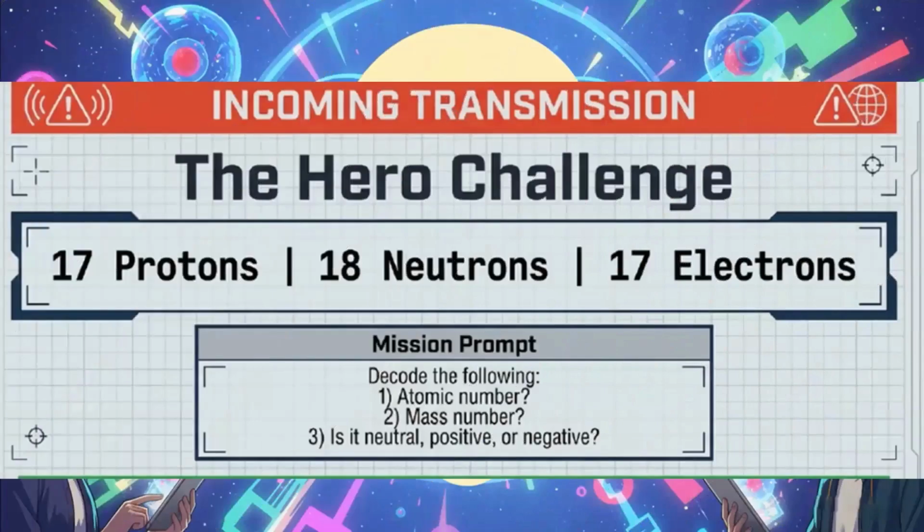Another hero challenge. I'll describe an atom and you solve it. It has 17 protons, 18 neutrons, and 17 electrons. Can you tell me the atomic number, mass number, and whether it is a neutral, positive, or negative atom? Pause the video and solve it before checking the answer.